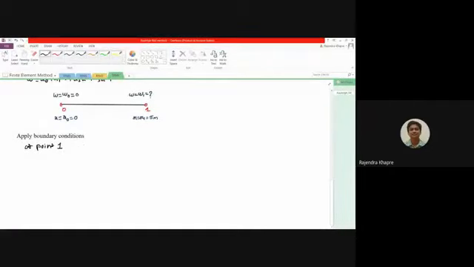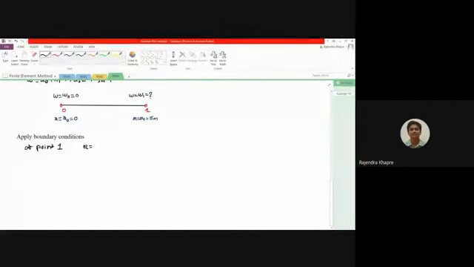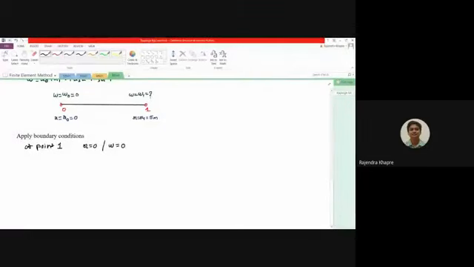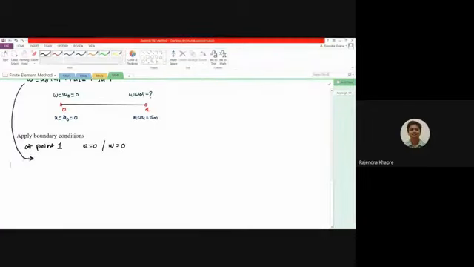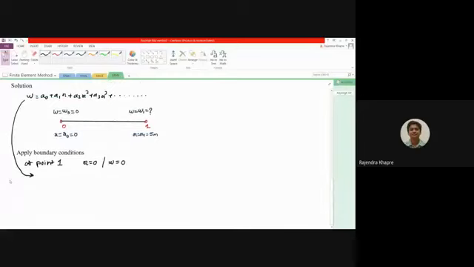At this point, the value of x is 0 and the value of w is also 0. If you substitute this in the expression for the deformation, w is 0, so I write 0 here.